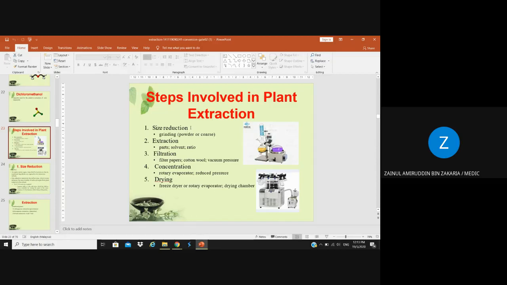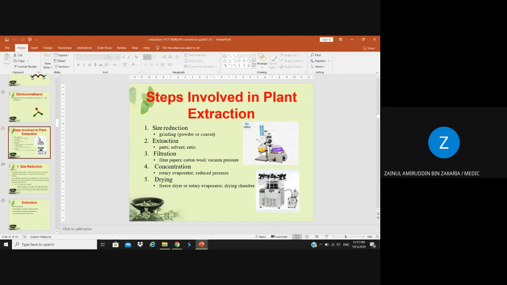Okay. When you do extraction, the size reduction, meaning to say if you have a leaf or a bark, a stem, or whatever sample part from the plant, you need to grind it to become powder, whether powder form or coarse. Coarse means like a tea.